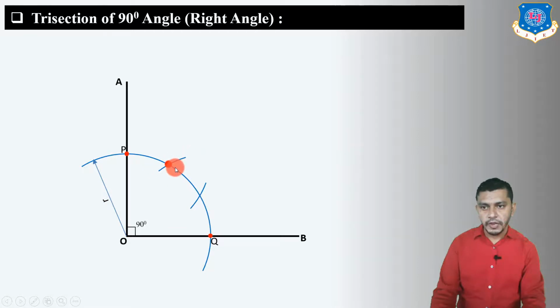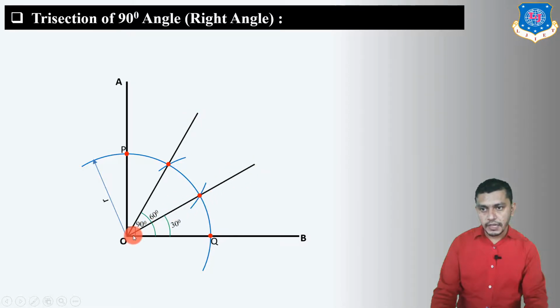Mark this point and connect it to the origin O. Connect this point to the origin O. Clear? So this angle will be 60 degree and this angle will be 30 degree. Now you can see that if you trisect the 90 degree angle, it will be divided into 3 equal angles.